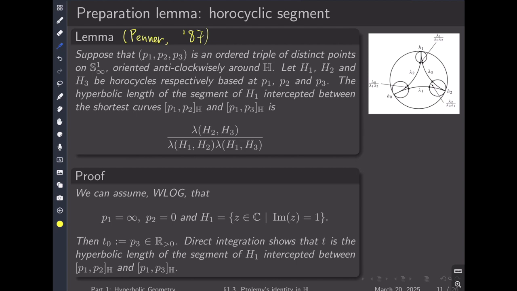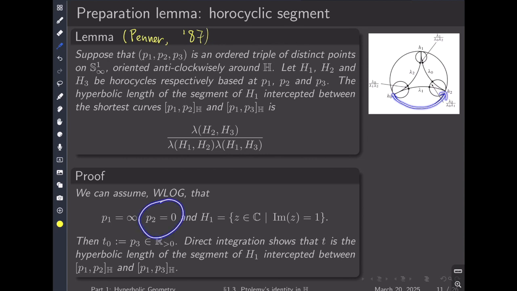Then first I translate so that it becomes 0, and then I apply 1 over z. Done. And I can do this also if it's a negative real number. So it is clear that I can assume that one of the base points of the horocycles is the point at infinity. Next, the one that succeeds this point in the counterclockwise sense is 0.